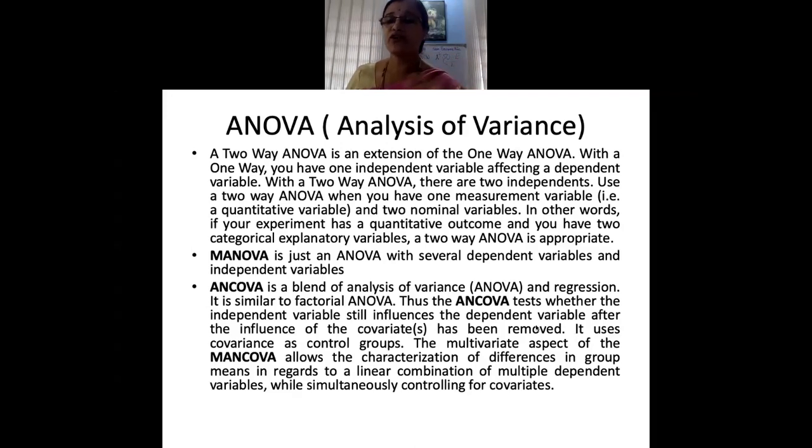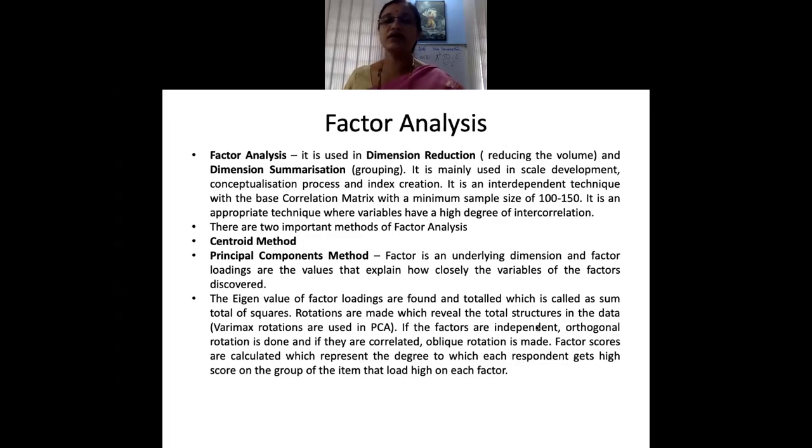So when you are formulating your objectives, make sure that for each objective, while you are framing it, you know which statistical technique you are using. You will be able to find that out with the help of your research guide and a statistician.